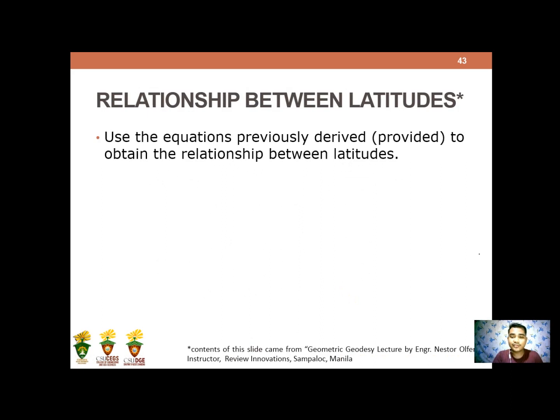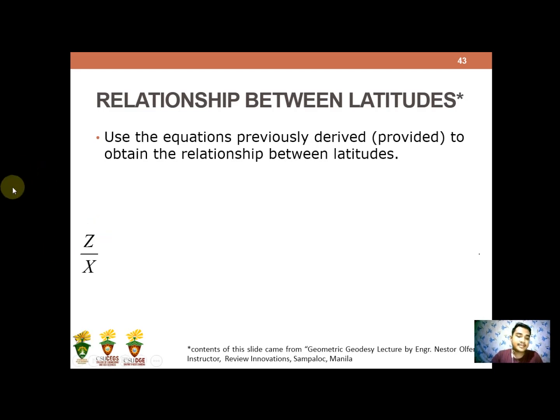So to have the relationship between those latitudes, we're going to use the equations that were previously derived, from the geodetic coordinate system, the reduced coordinate system, and lastly the geocentric coordinate system we just did, to obtain the relationship between these latitudes.